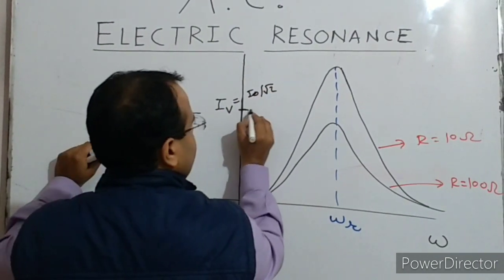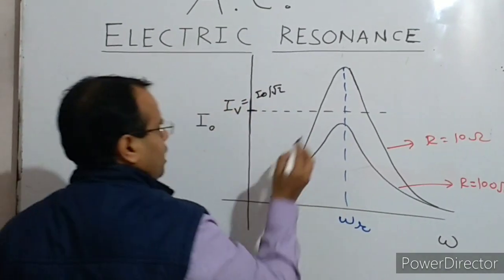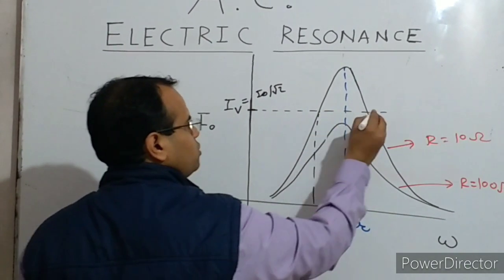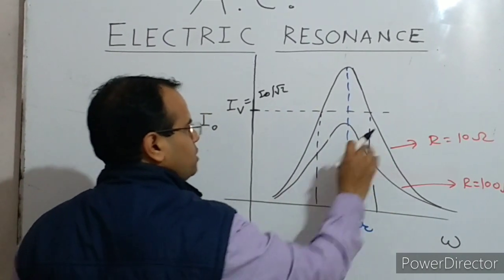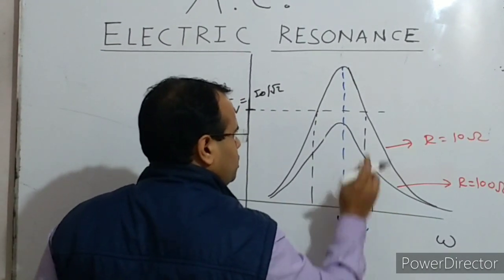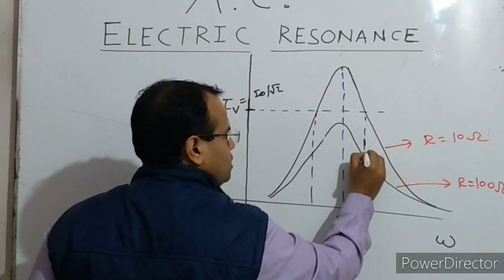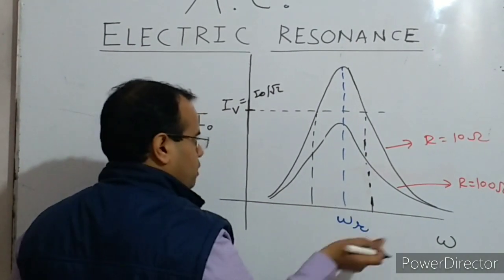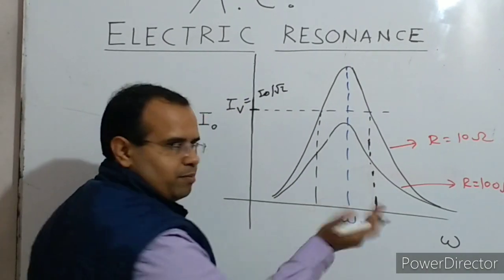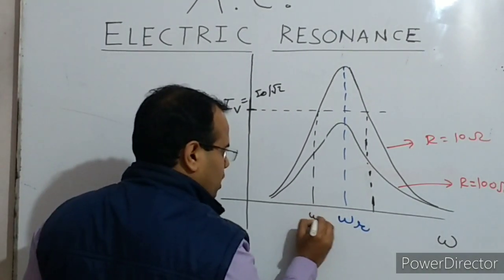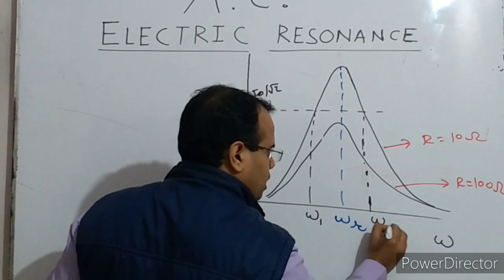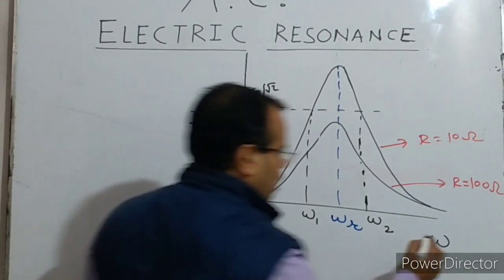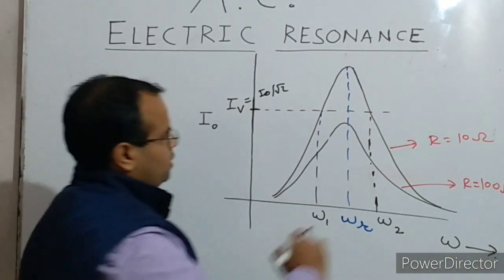If I extend it like this, I get two frequencies corresponding to this value, and these two frequencies I am plotting here. These two frequencies are omega 1 and omega 2. They are falling, and omega_R is falling in between them. Okay, so this is omega 1, this is omega 2, and this is omega, which we are plotting on the x-axis.